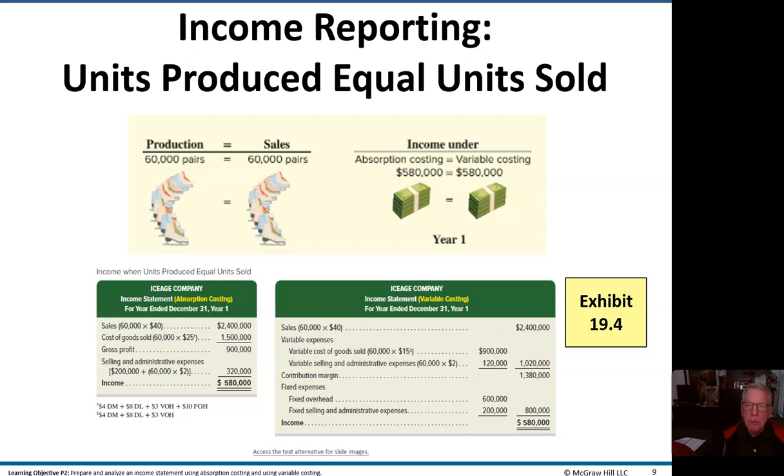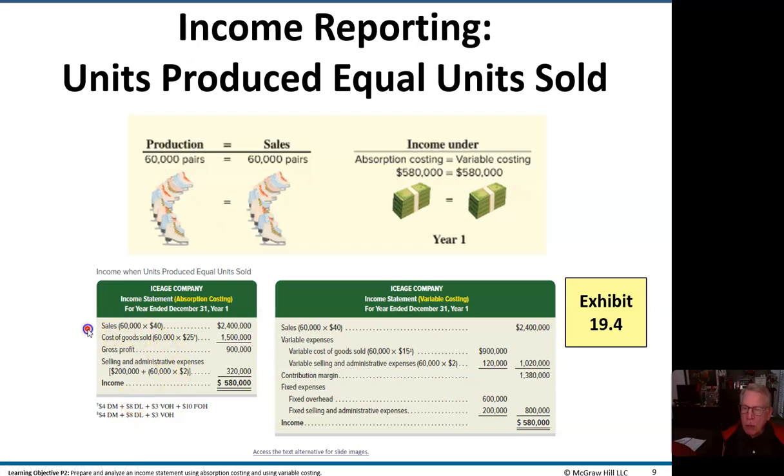Let's take a look. Here, if the units produced are equal to the units sold, here, production, 60,000 pairs of ice skates, it looks like, and we sold 60,000 pairs. So in that case, absorption costing will equal variable costing. And how does that happen?